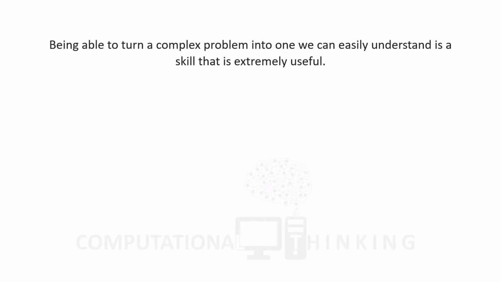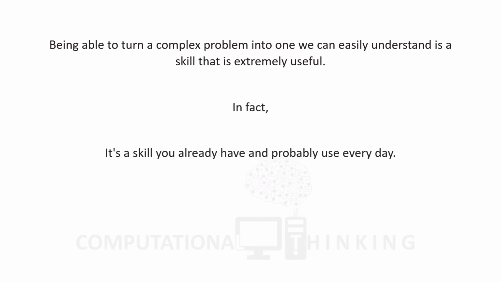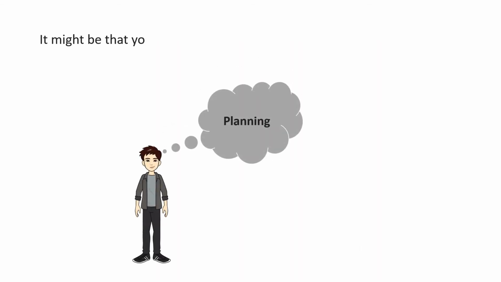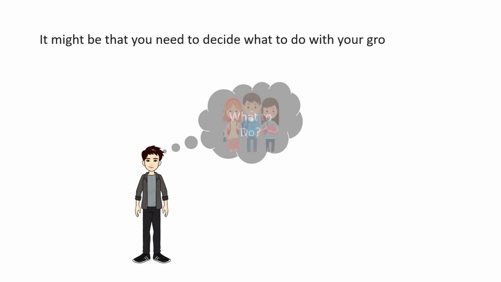Being able to turn a complex problem into one we can easily understand is a skill that is extremely useful. In fact, it is a skill you already have and probably use every day. For example, it might be that you need to decide what to do with your group of friends.